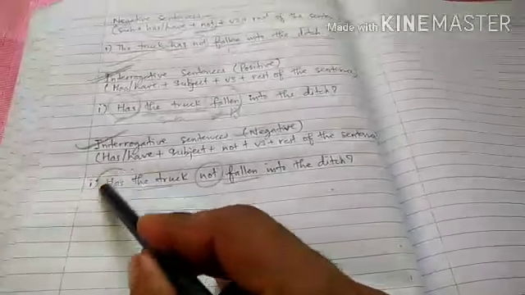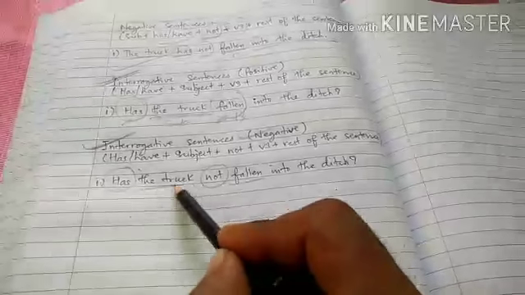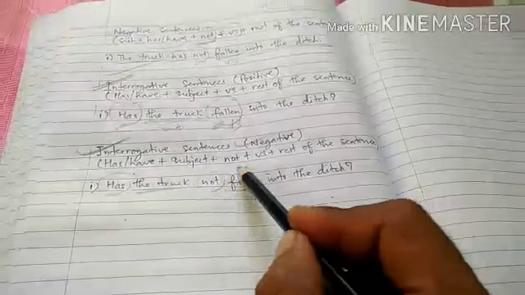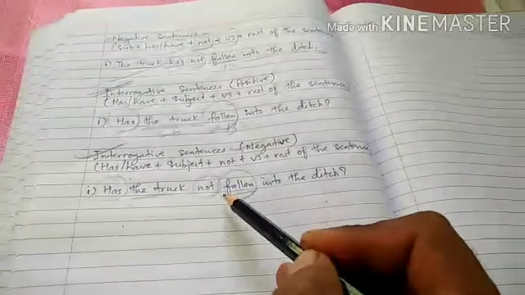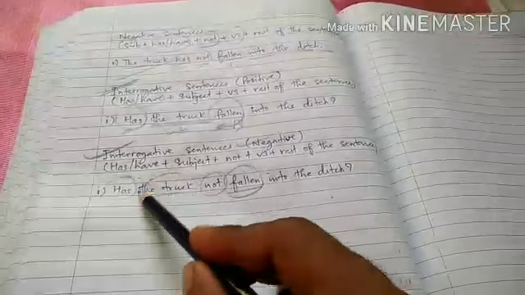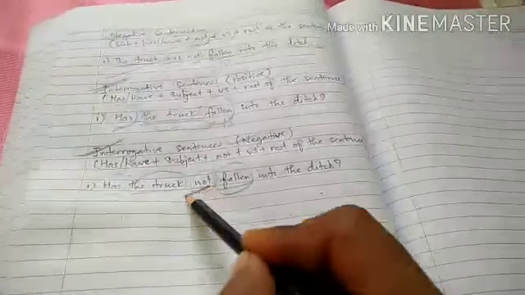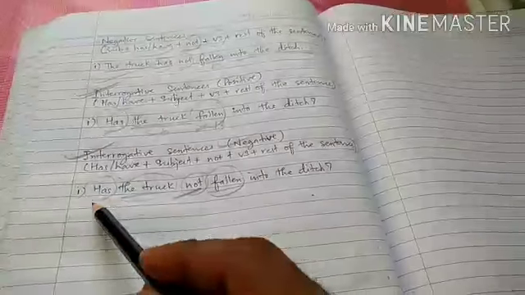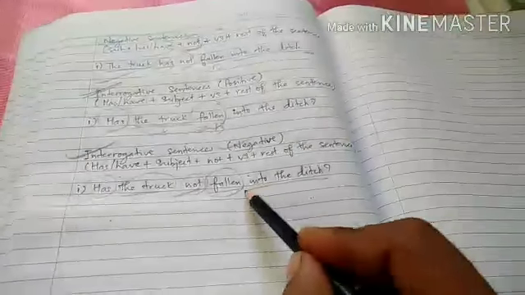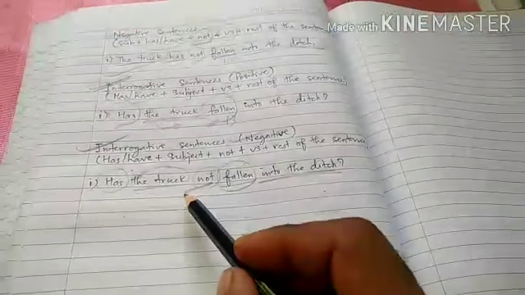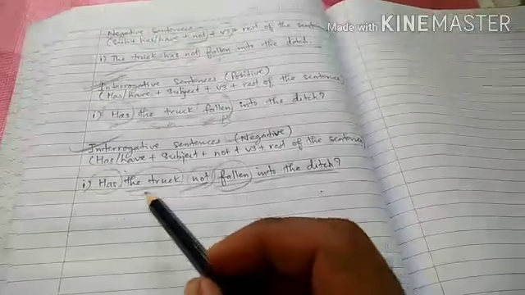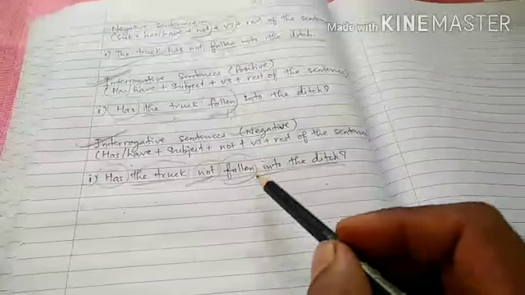So, has और have के जगह has है क्योंकि subject singular है. Fallen main verb है V3, तो subject truck है, तो subject और main verb के बीच में हमारा not है. After that, rest of the sentence. This is the interrogative sentence in negative form. Has the truck not fallen into the ditch?